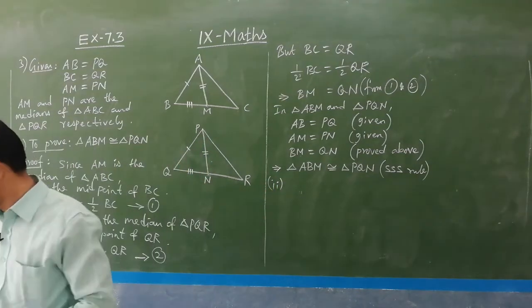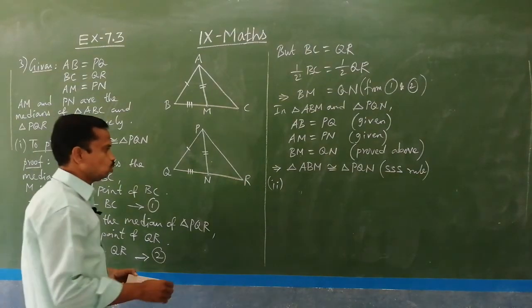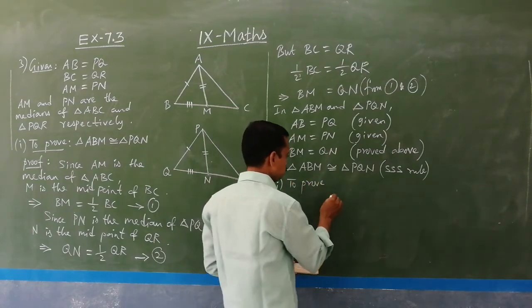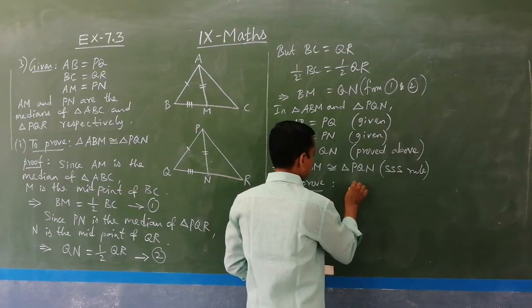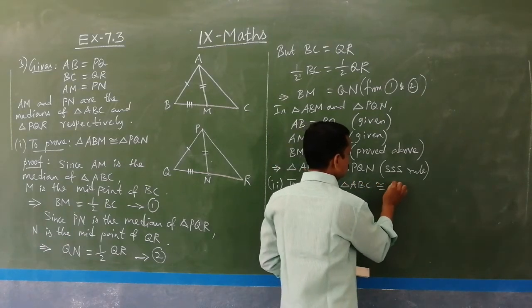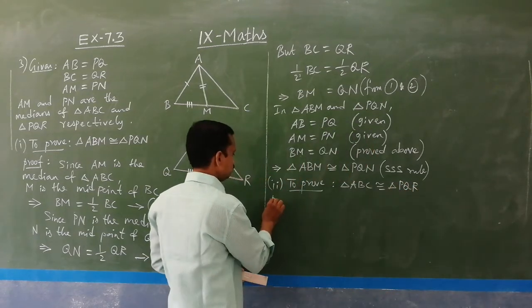We have to show the second one, triangle ABC congruent to triangle PQR. To prove triangle ABC congruent to triangle PQR, how do we prove this?